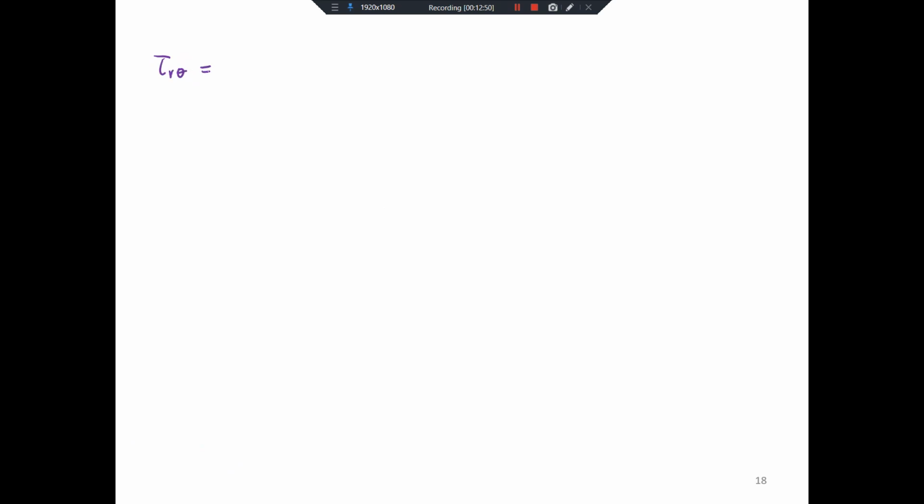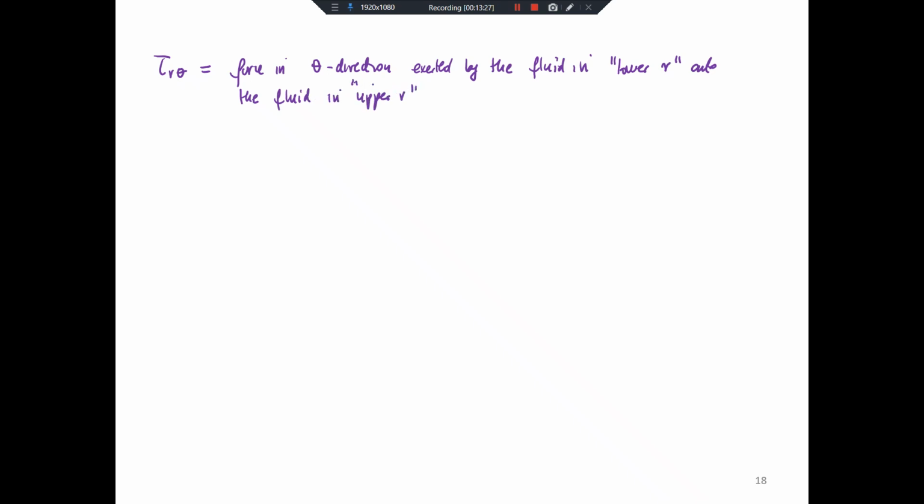Tau r theta is the force in theta direction exerted by the fluid in lower r onto the fluid in upper r across our plane.